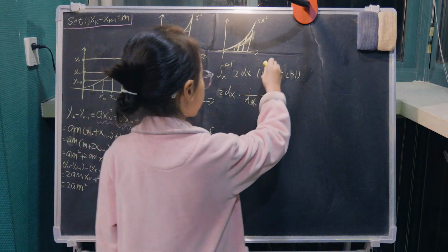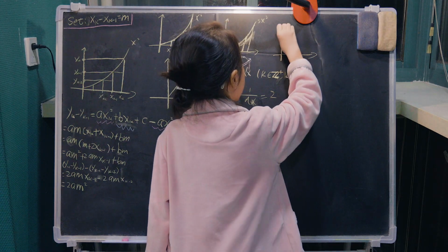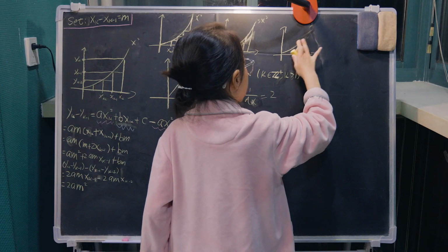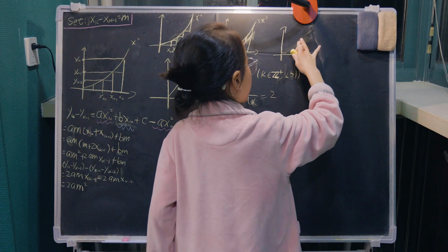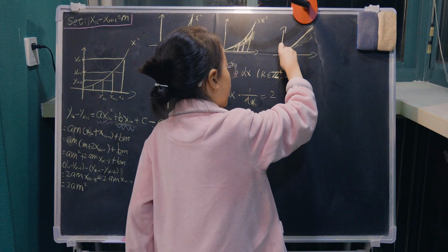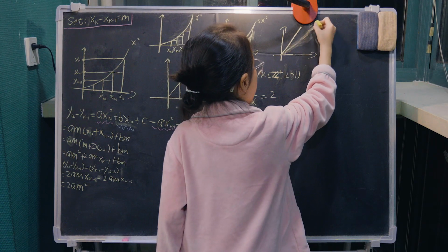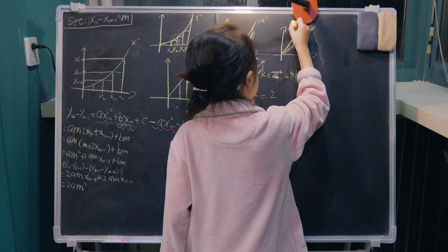Okay, so we draw the differential function of this 3x squared function, a linear equation. It's a bit faster because this is 6x.